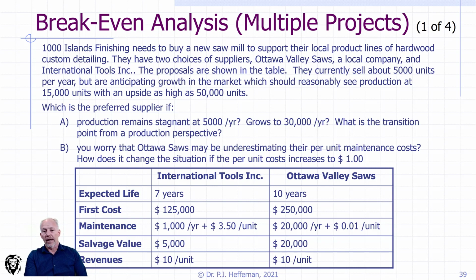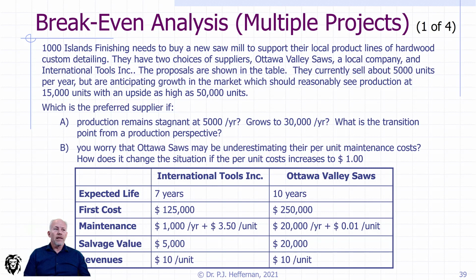Ottawa Valley Saws, on the other hand, is more expensive, it's going to last longer, and it has an extremely low per unit cost of production, so it's highly efficient and effective in that sense.